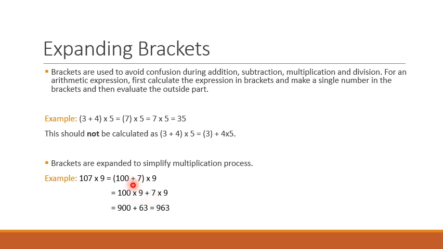And since here we have a plus sign, a plus sign is put over here. Now since we are expanding the bracket, the sign of the bracket is removed. So first we will multiply 100 and 9, which will give me 900. 7 multiplied by 9 gives me 63. So 900 plus 63, the answer is 963.